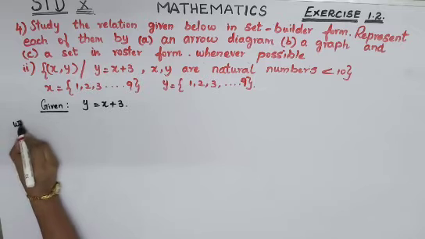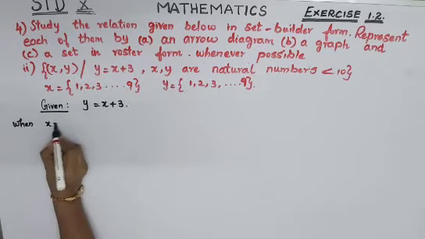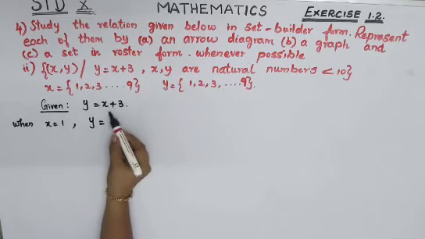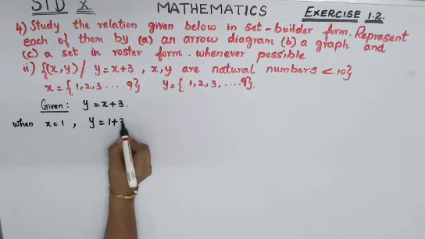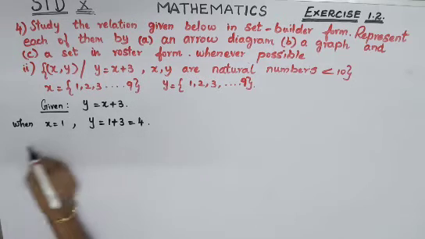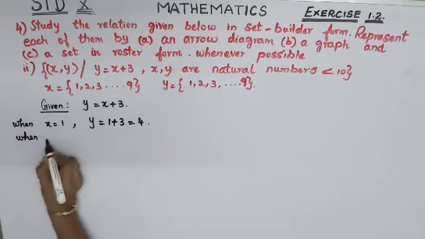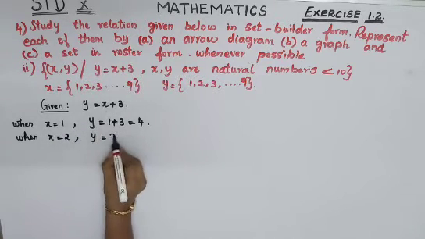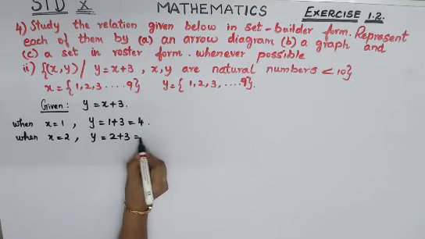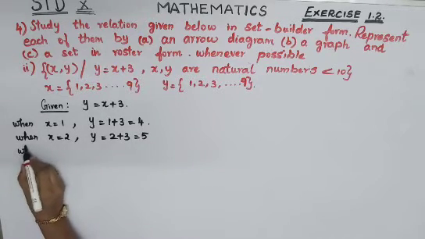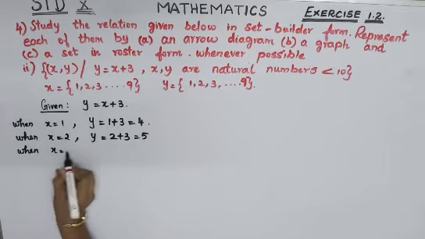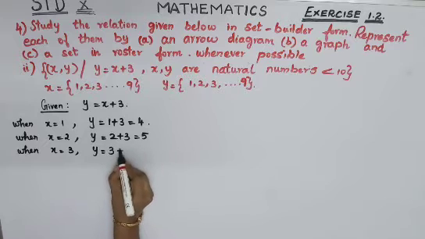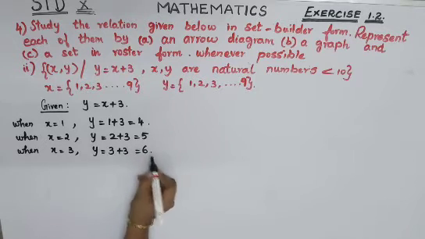So when x is equal to 1, substitute here in your y. You'll get 1 plus 3, that is equal to 4. Then when x is equal to 2, y is equal to 2 plus 3, which is equal to 5. When x is equal to 3, y is equal to 3 plus 3, that is equal to 6.